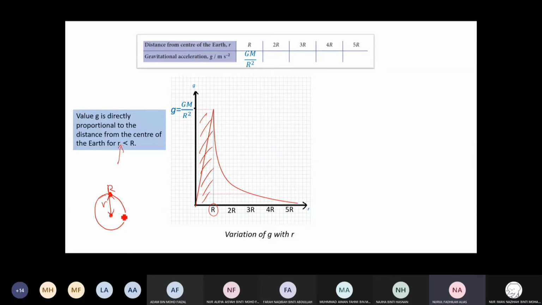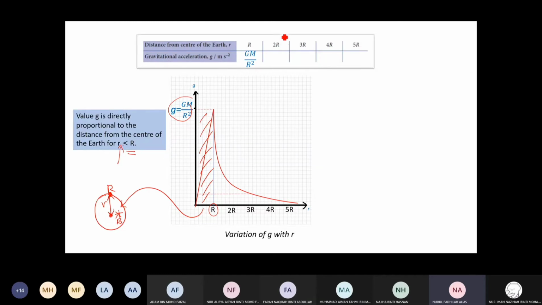If the object is inside the earth, here at point B, the value is less than GM over R squared. So this is inside the earth, below R.